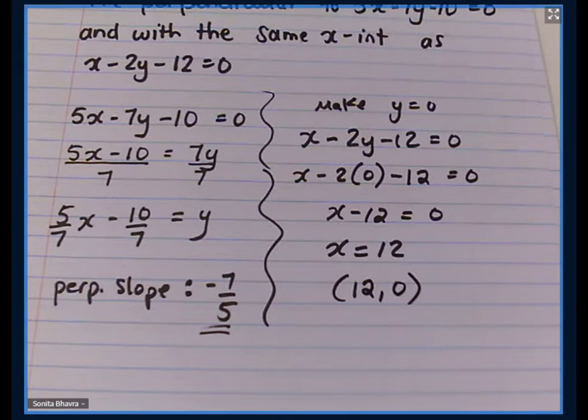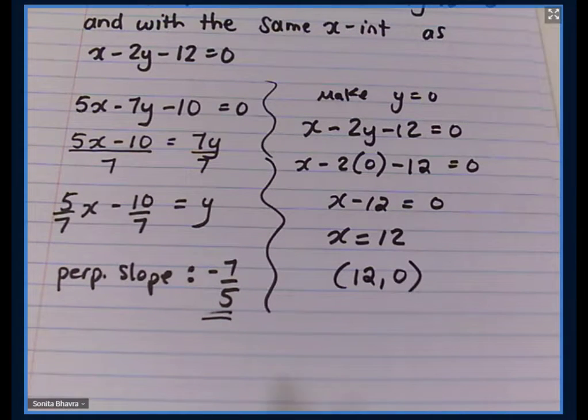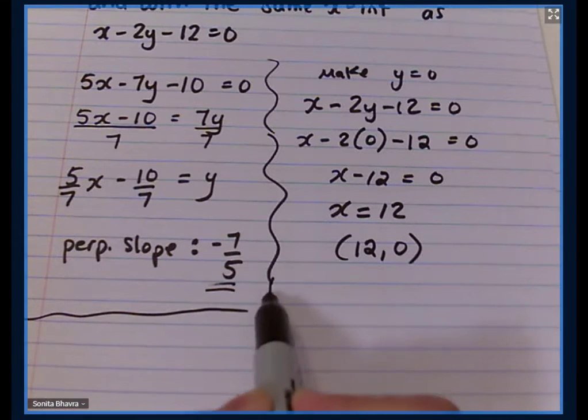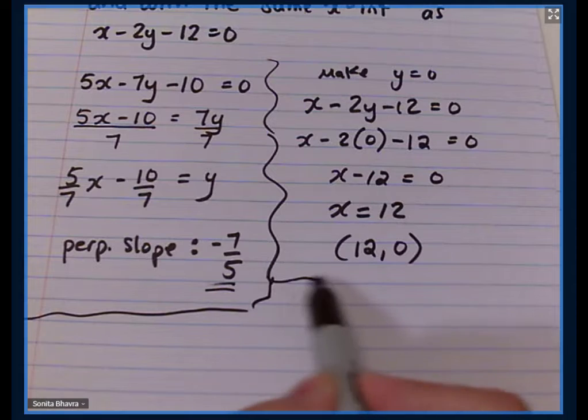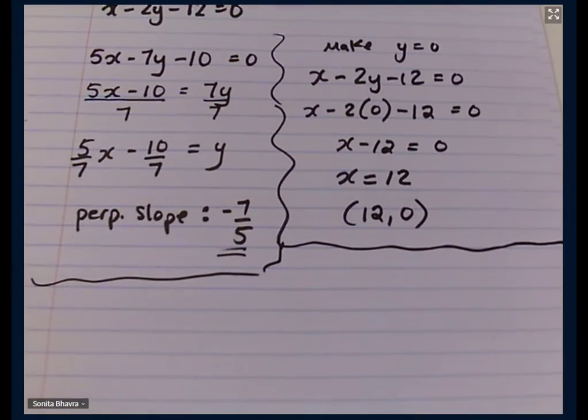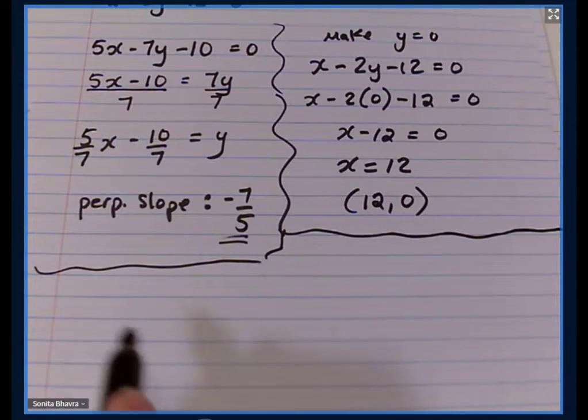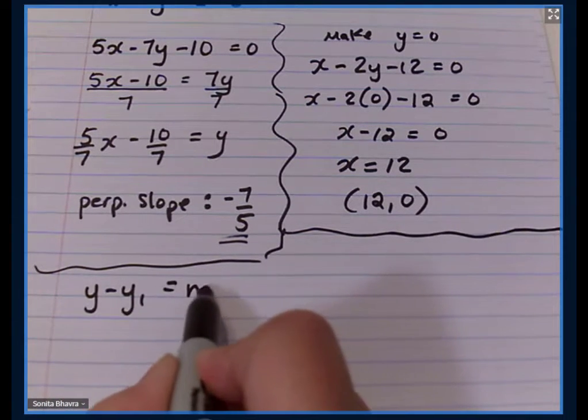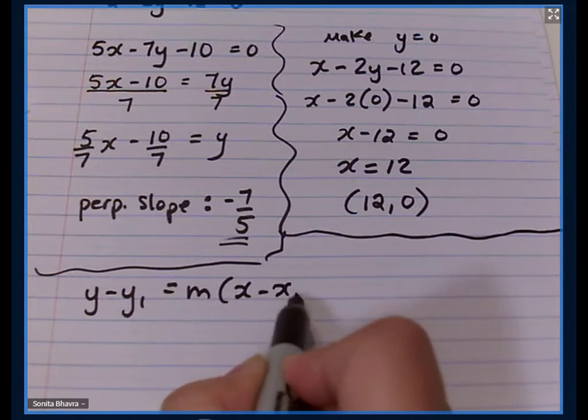Now that we have two pieces of information, we have our slope and we have a point on the line, so we'll use our slope point form to figure out the equation. So y minus y1 is equal to m, x minus x1.